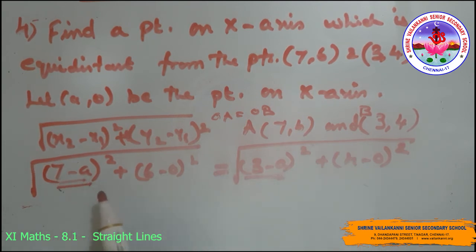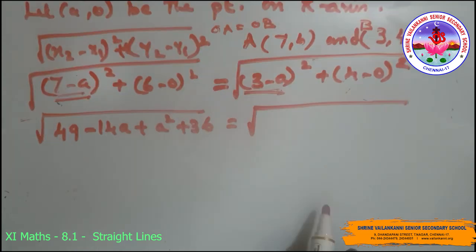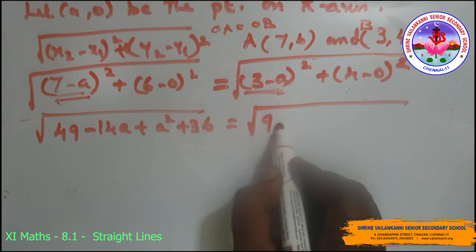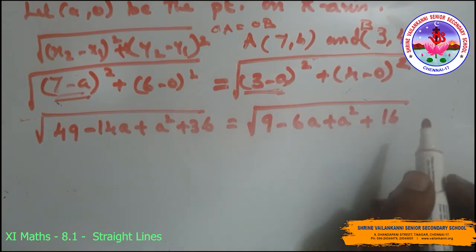Using the identity (a minus b) whole square equals a square minus 2ab plus b square, this will become 49 minus 14a plus a square plus 6 square, which is 36, equal to 9 minus 6a plus a square plus 16.